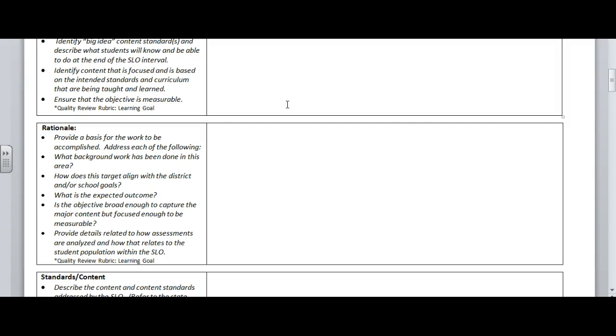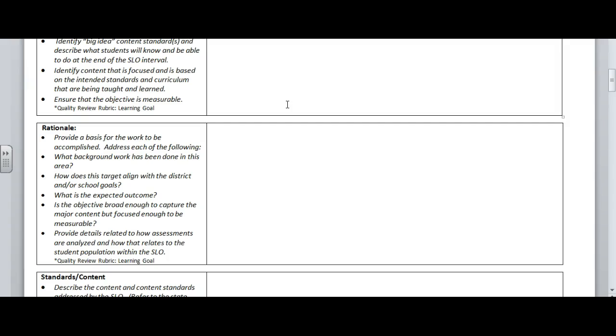And then you need to think about what you expect students to accomplish by the end of your SLO. In this section, you need to explain your background information that you used to get to know more about your student population.